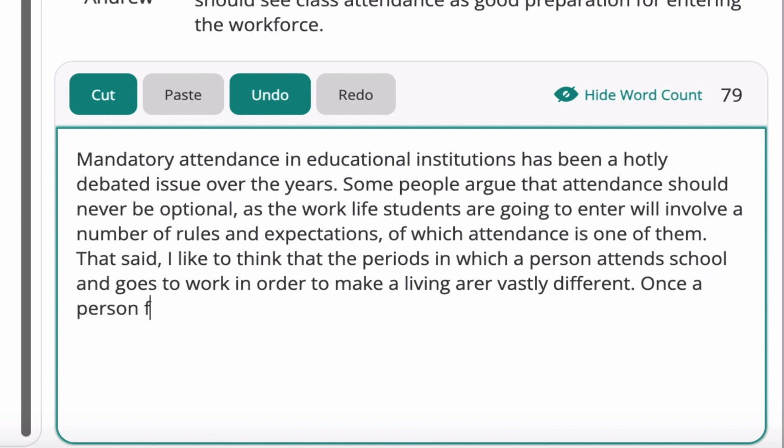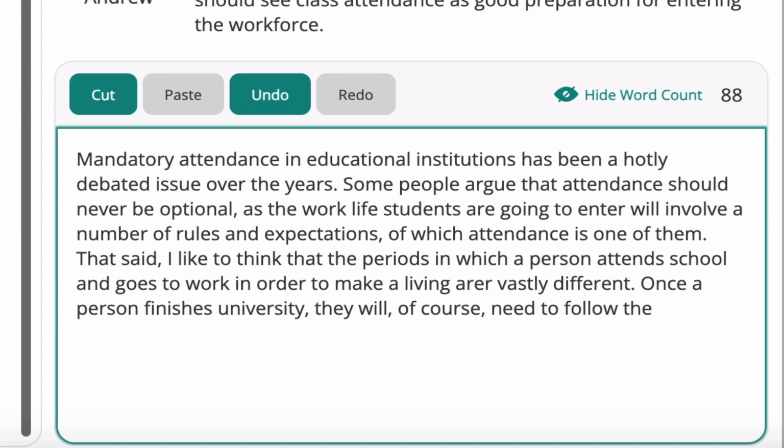Once a person finishes university, okay, they will, of course, need to follow the rules and regulations set by their workplace or managers.